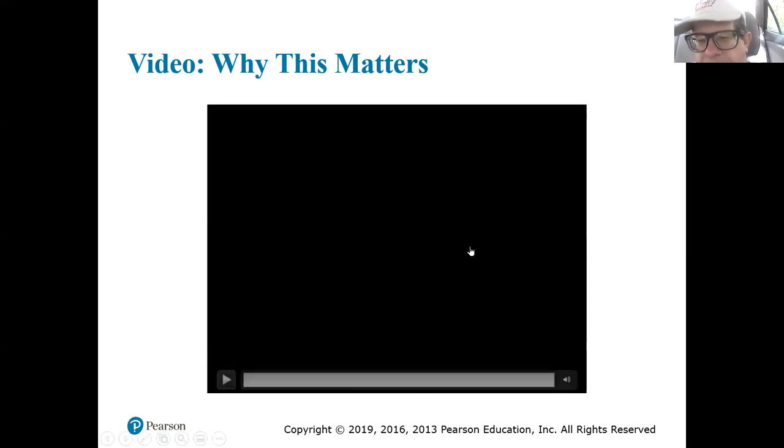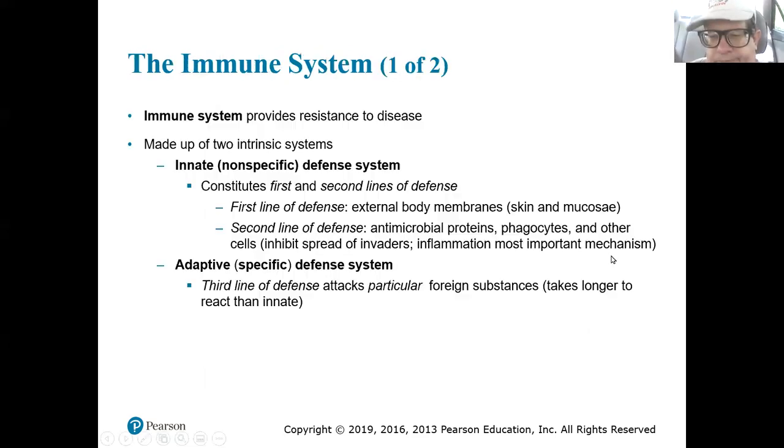Okay, let's move on here. Your immune system has innate and adaptive defenses. Innate means these are things the immune system does kind of automatically.